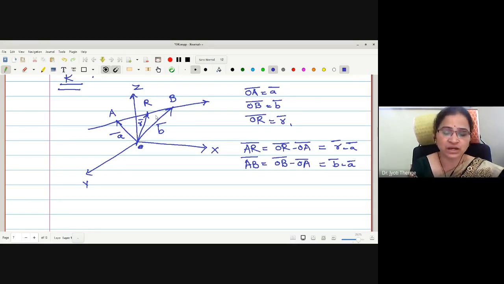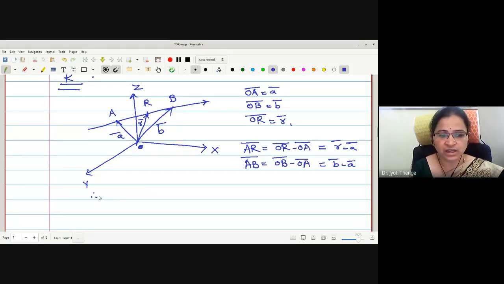This line segment, rather, I will call it. This AR and AB are going to lie on the same line. And whenever two line segments are on the same line, we call it collinear. And this is possible if the two line segments are scalar multiples of one another.